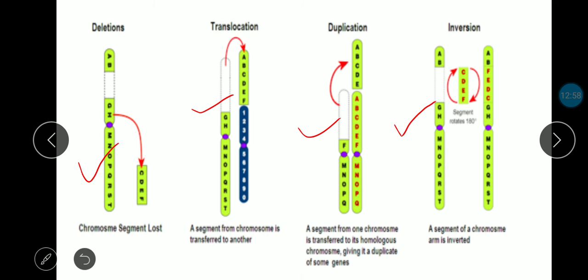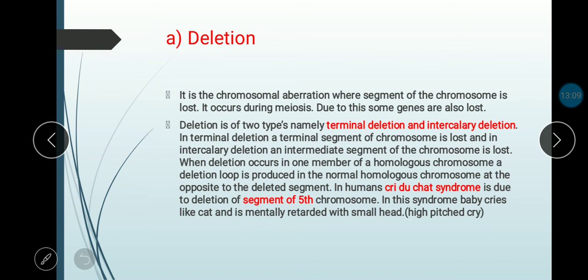In this way the structure of a chromosome can be changed by mutation, and it results in 4 types.